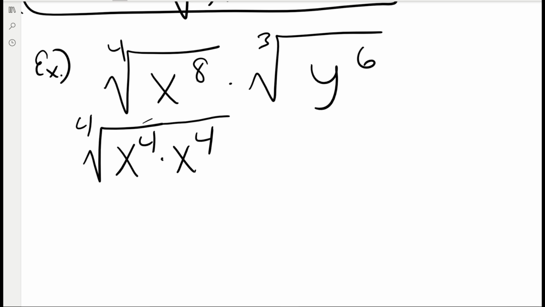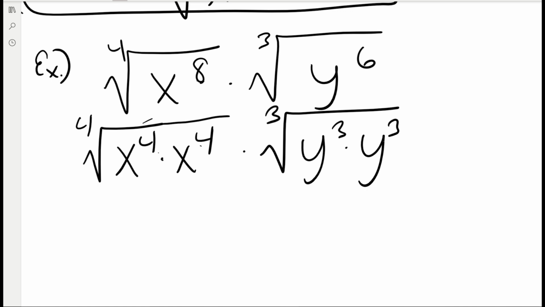So x to the 4th and x to the 4th make x to the 8th, because we have a total of two 4s, which means we have a total of 8. And then I'm going to do the same thing for the y. I can break this into two sets of 3s, right? y to the 3rd and y to the 3rd. Okay, hopefully you all agree that 3 and 3 makes 6 and 4 and 4 makes 8.